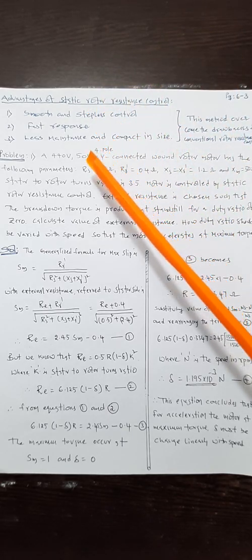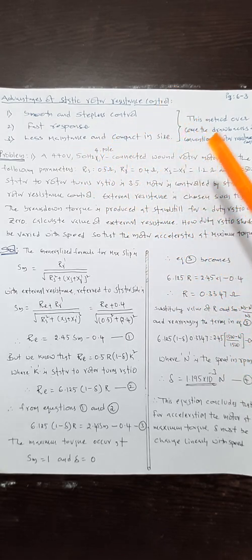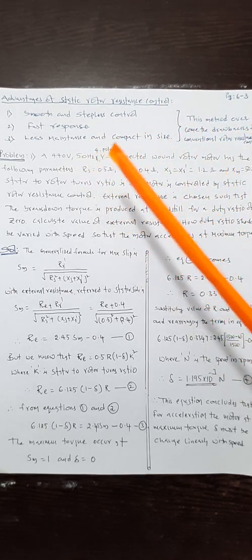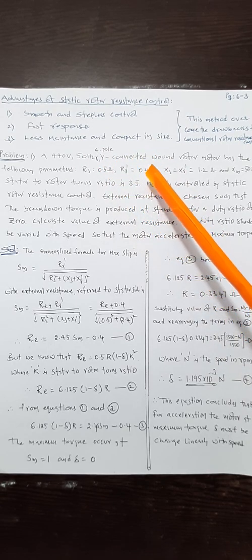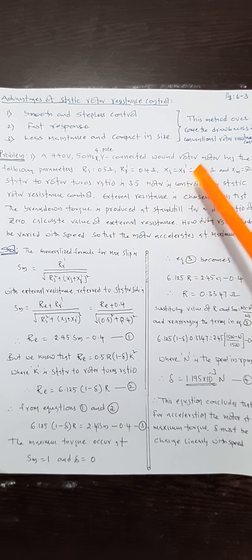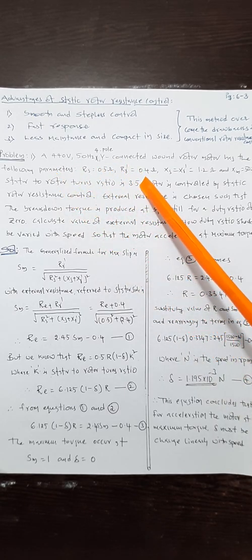Immediately followed by one familiar problem which belongs to the static rotor resistance control. Let us solve this problem. A 440 volts, 50 Hz, 4 pole star connected wound rotor motor has the following parameters: RS is equal to 0.5 ohms, RR dash is equal to 0.4 ohms, XS is equal to XR dash is equal to 1.2 ohms, and XM is equal to 50 ohms. Stator to rotor turns ratio is 3.5.